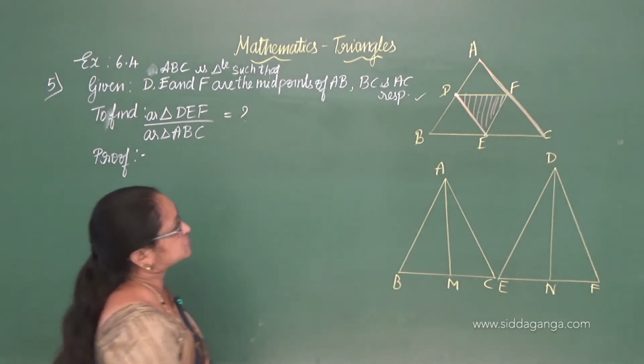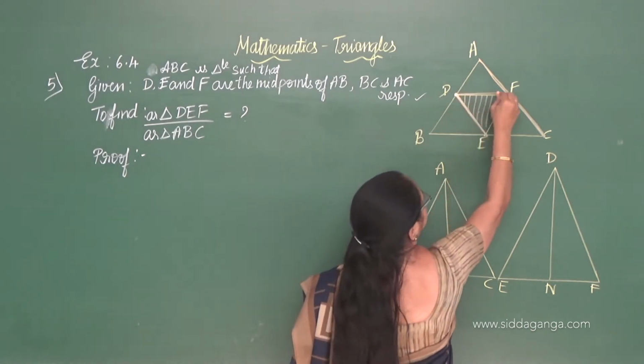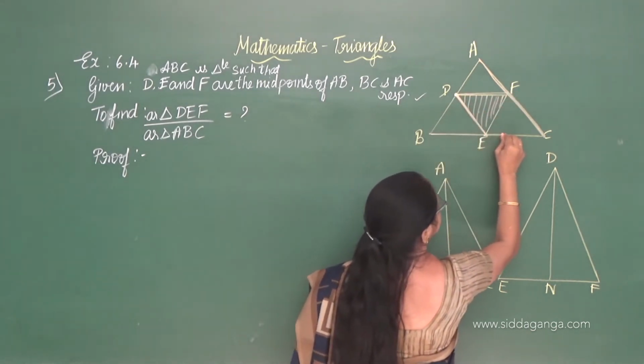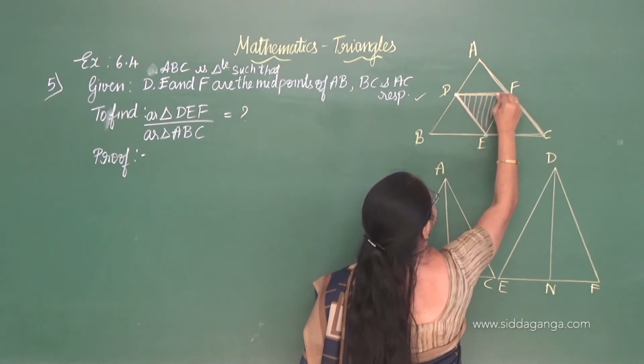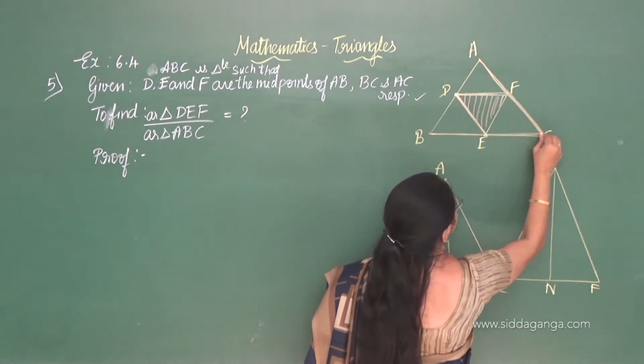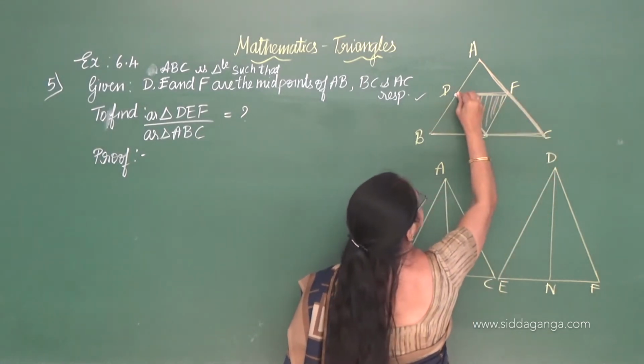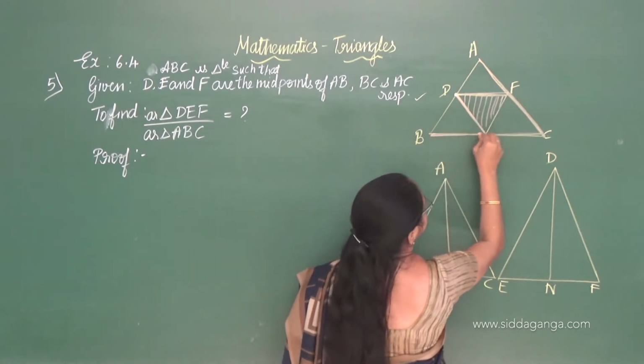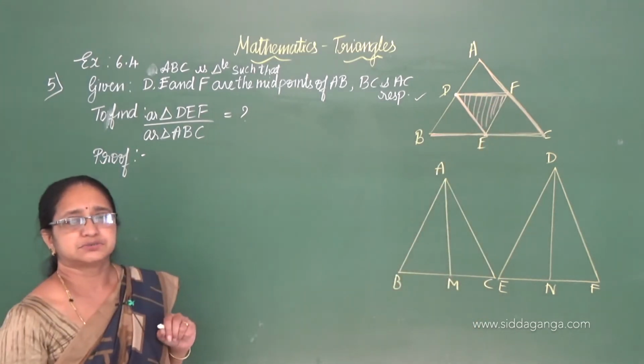Similarly, DF is parallel to BC. If it is parallel to BC, it means DF is also parallel to BE. I hope you understood this.